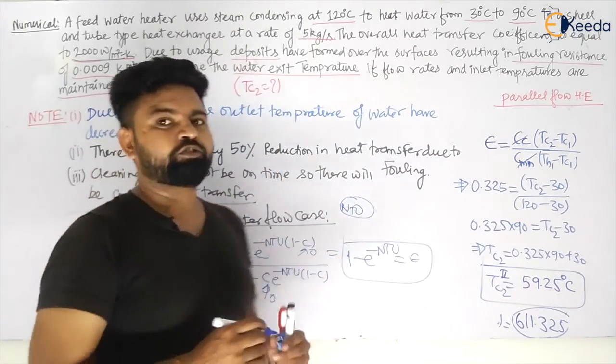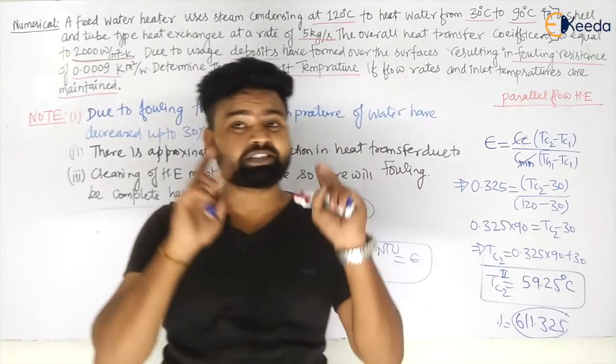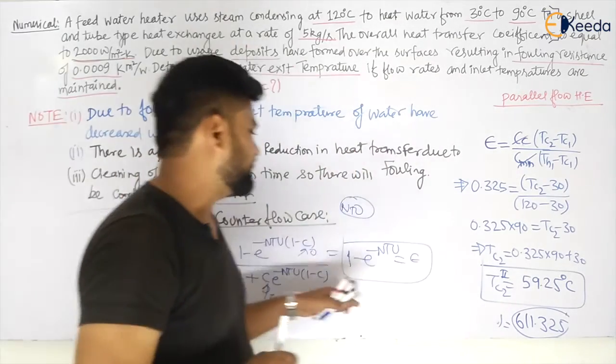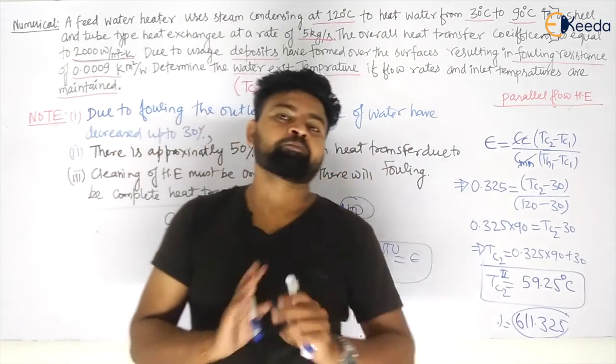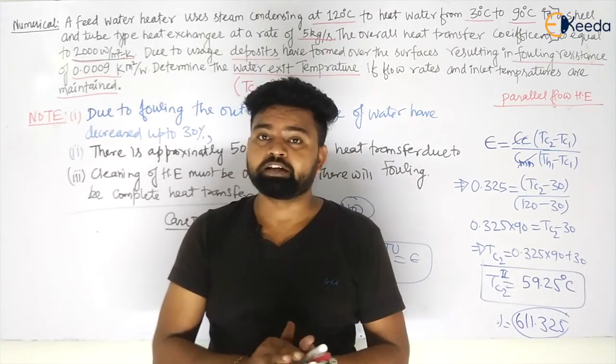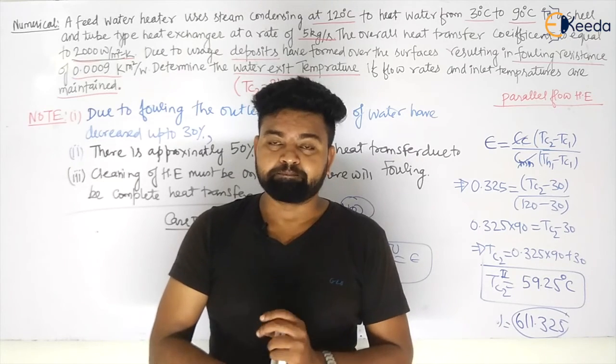So the effectiveness for parallel and counter flow during the phase change will be the same. We have seen this concept, my dear students, and you can easily calculate. Whatever the case you want to take, counter flow or parallel flow, the heat transfer or effectiveness will be the same.